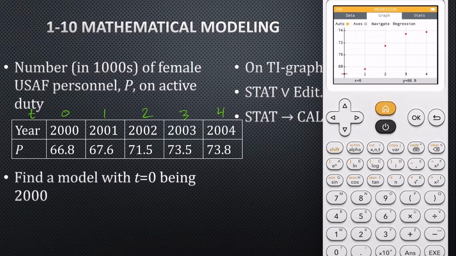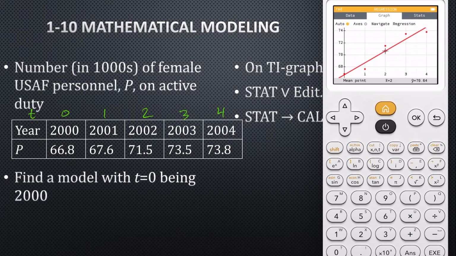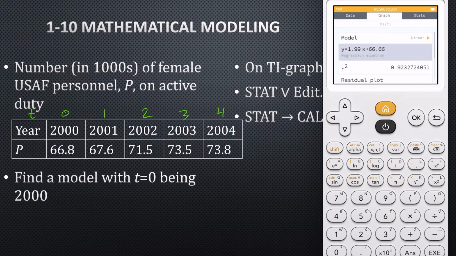If you'd like to see a line on it, you can hit Enter and pick Linear, and that gives you the best fitting line. If you'd like to see the equation of the line, go up and over to where it says Regression, pick your model, and there is the regression.